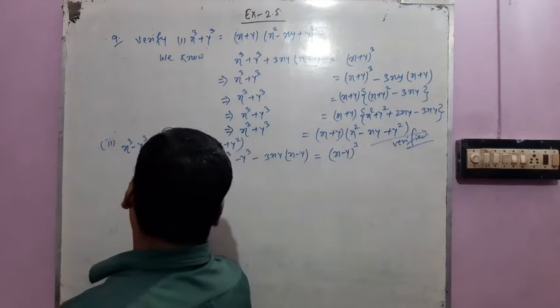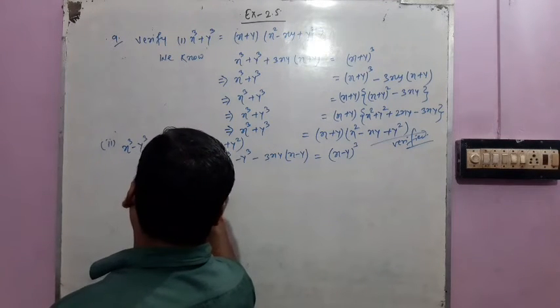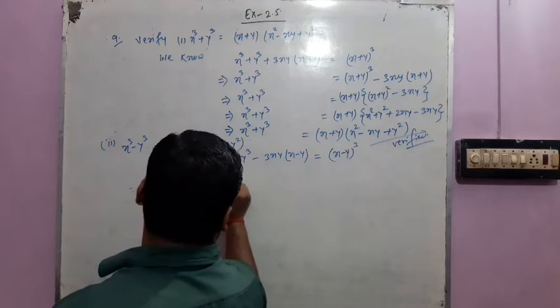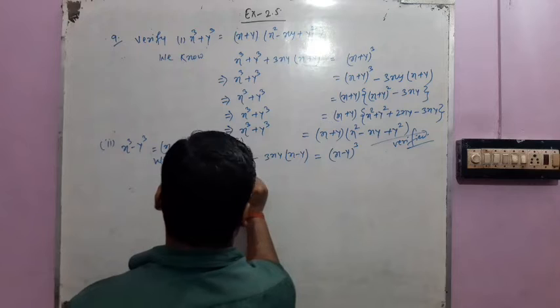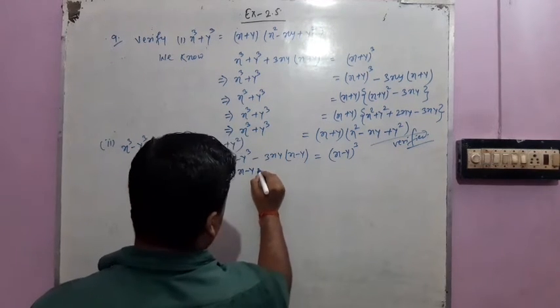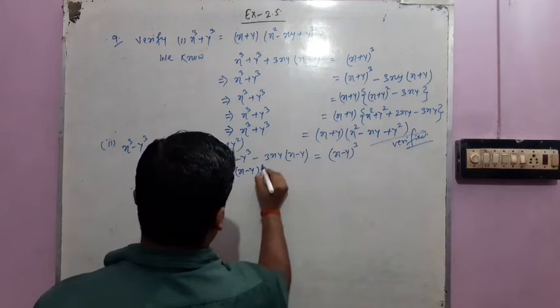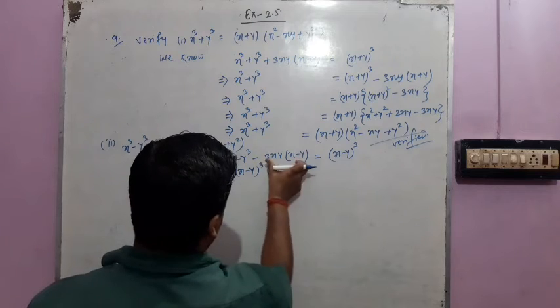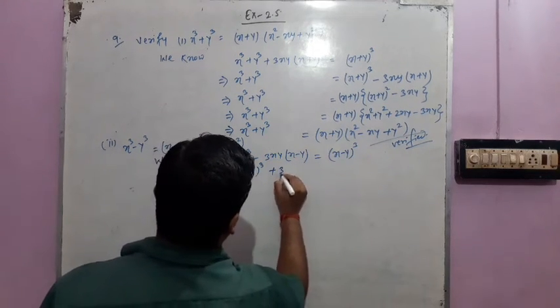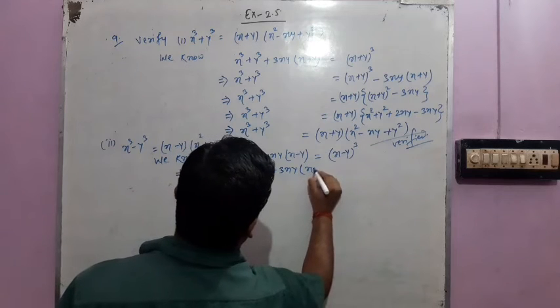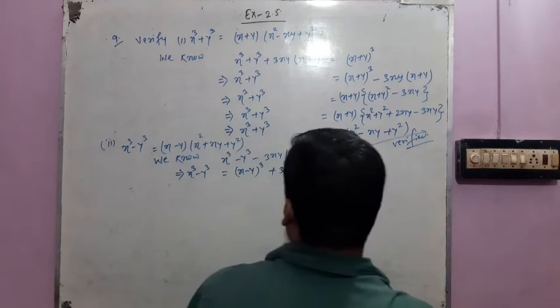Now, we are keeping x cube minus y cube on this side, and all these terms we have to transfer to the other side. So (x minus y) whole cube, and when we transfer this term to that side, it turns into plus 3xy into (x minus y). Okay, students?